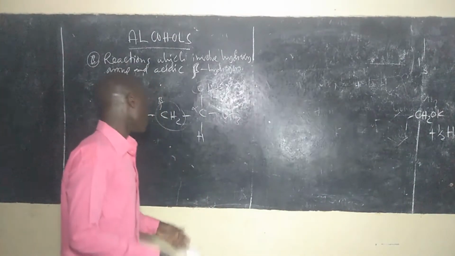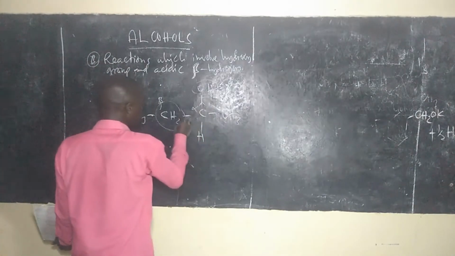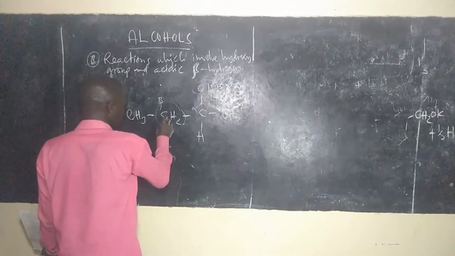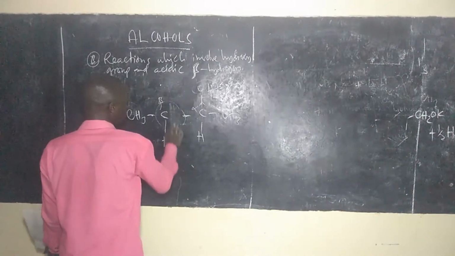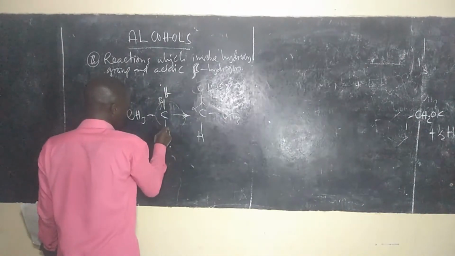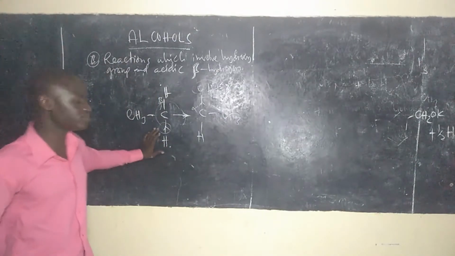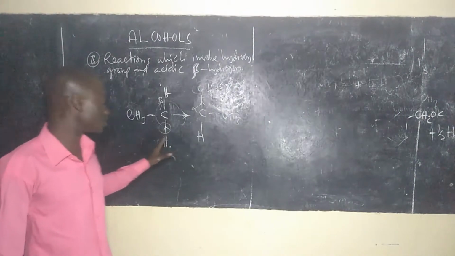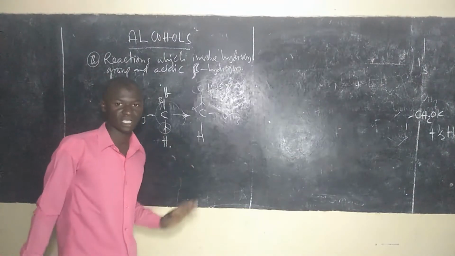Kwa sababu attraction of electrons by this tend to pull the electrons hard kwenye hydrogen which is nearby this hydroxyl group. And when the electrons they are pulled in this way, that means this bond becomes weak. And if this bond becomes weak, it will be easier to break it. Now, inapokuwa ni easier to break this bond, that means this hydrogen becomes acidic.